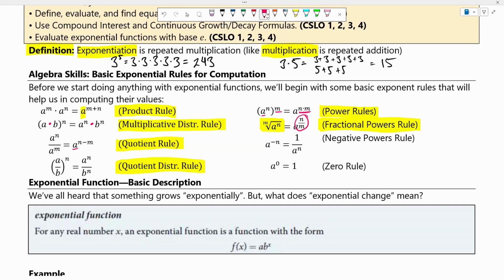What people tend to remember when they write it in this way is this. Hopefully, you see this: the n that's inside the square root goes on top of the fraction, and then the m that's outside the square root goes on the bottom of the fraction. This whole thing right here is an exponent. That fraction is an exponent. So the better way, I know it's hard to write it.